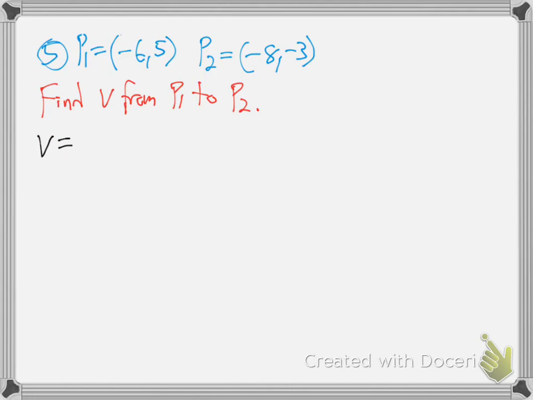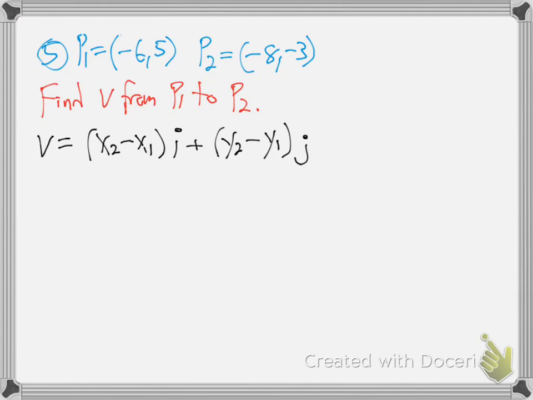So vector V, let me just write out the formula. It's not square root. We're not doing the magnitude. We're just doing the vector. So x2 minus x1 i plus y2 minus y1 j. So difference in x values i, difference in y values j. Like that.